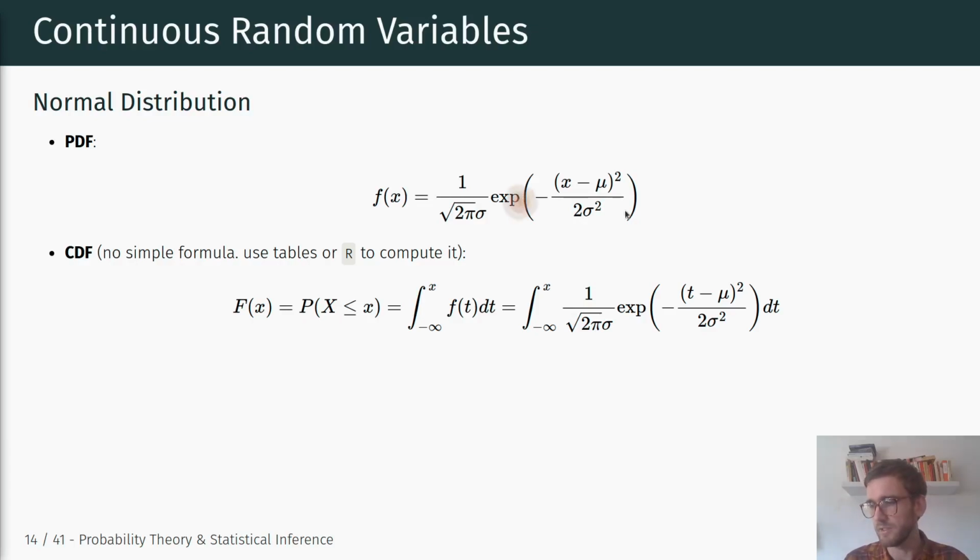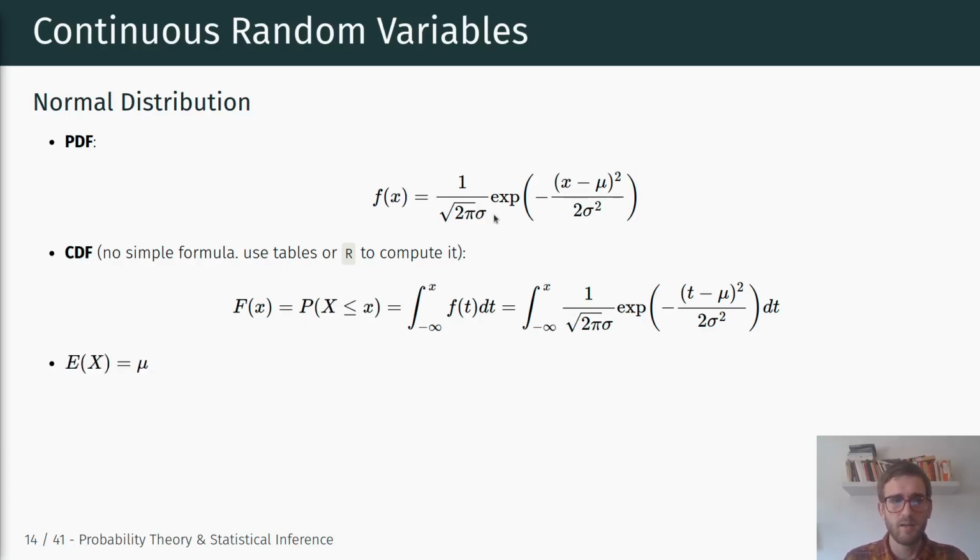The important thing to keep in mind is that the cumulative distribution function doesn't have a closed analytical solution, so ultimately we have to either look at probability or normal tables for specific values of x, or we just use R to compute given probabilities for this integral under the Gaussian, the bell curve that describes the normal distribution.